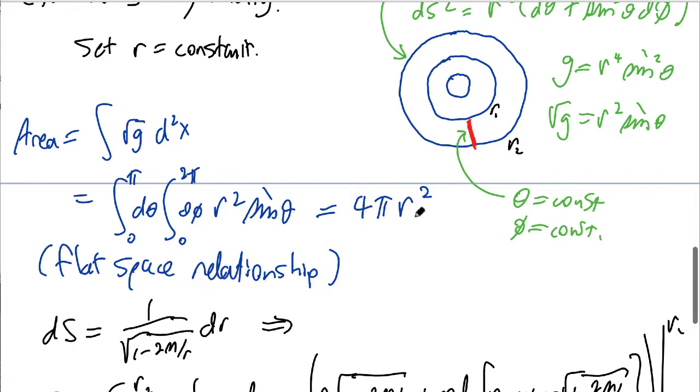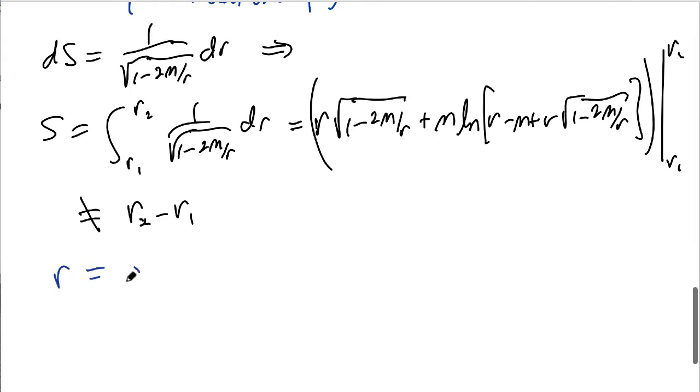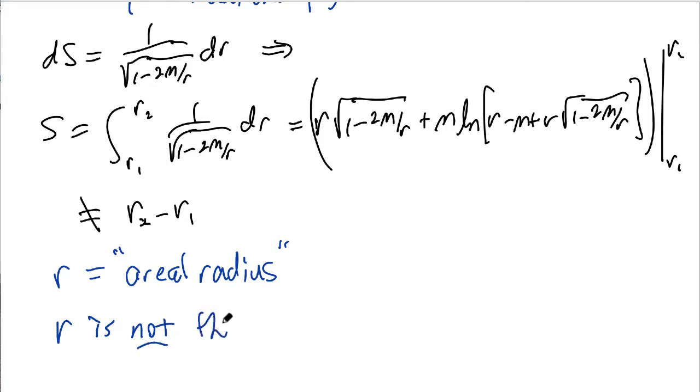Area is 4 pi r squared. So R is called the areal radius. R is not the proper radial distance.